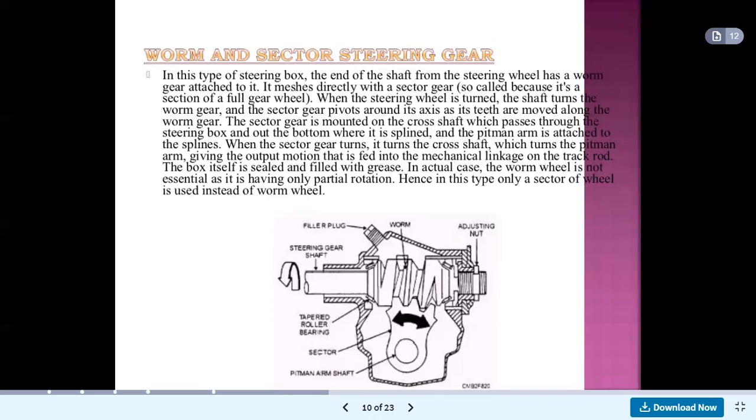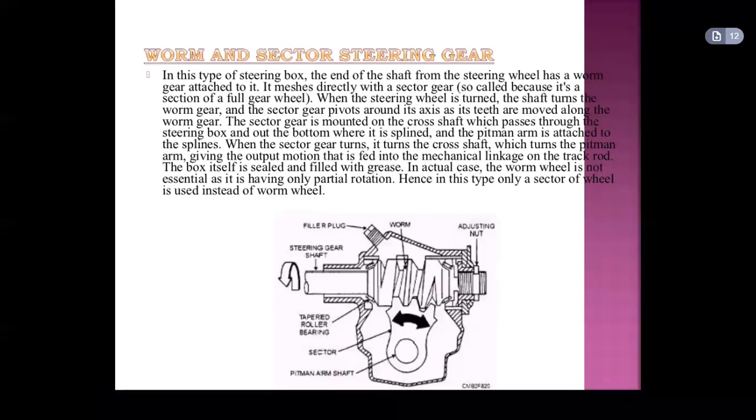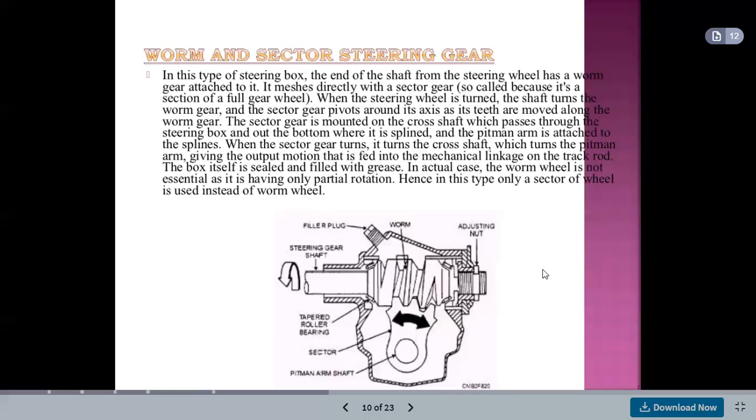When the sector gear turns, it turns the cross shaft, which turns the pitman arm, giving the output motion that is fed into the mechanical linkage on the track rod. The box itself is sealed and filled with grease. In the actual case, the full worm wheel is not essential as it has only partial rotation. Hence, in this type, only a sector of the wheel is used instead of a worm wheel.